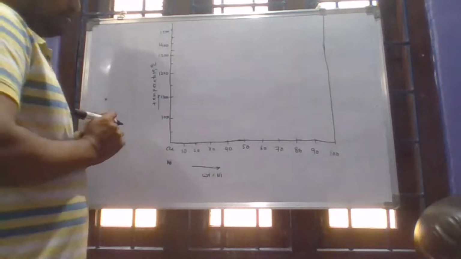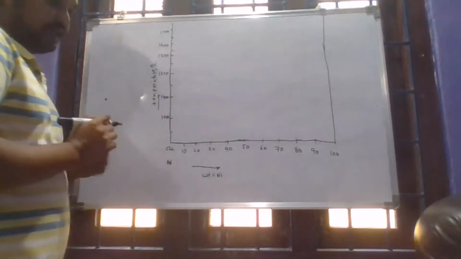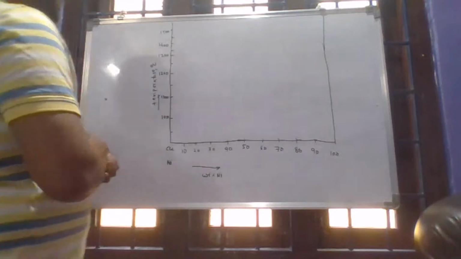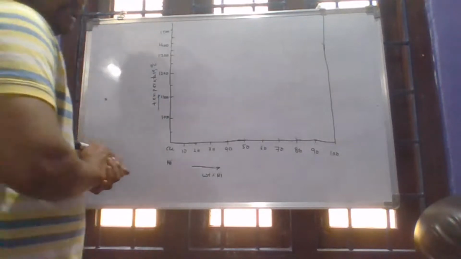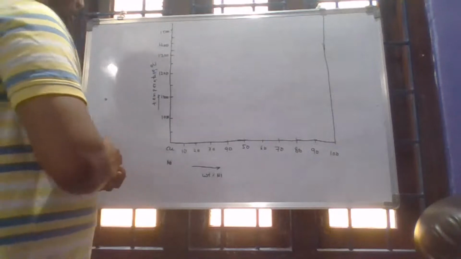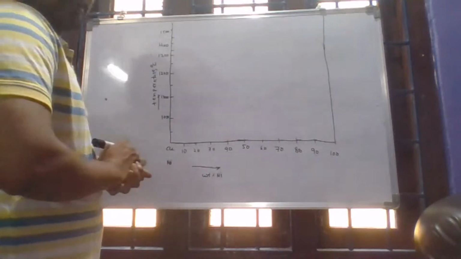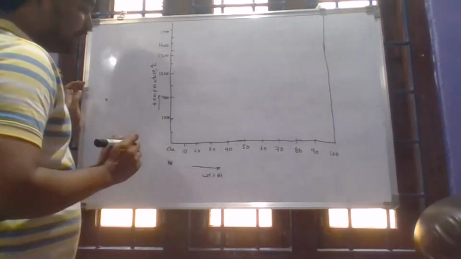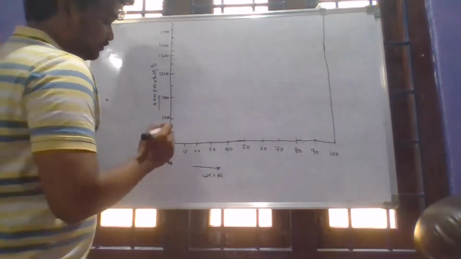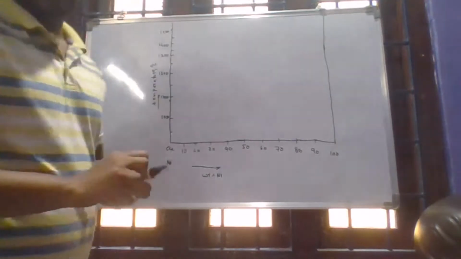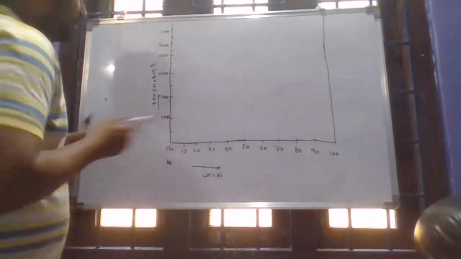Then from the table we can see that at weight percentage 0% of nickel, the liquidus temperature and solidus temperature are around 1084. So 1084, I can mention it here. So this is the first point.